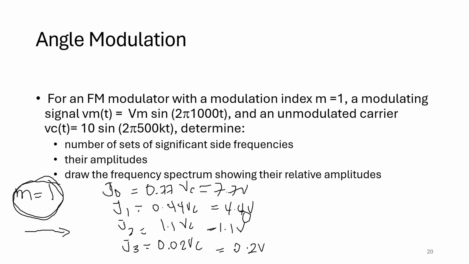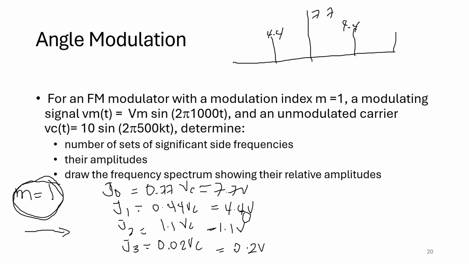So how are we going to draw the frequency spectrum? Just like what we do in AM. We draw your J0 here, this is 7.7. Then J1 here, this is 4.4.